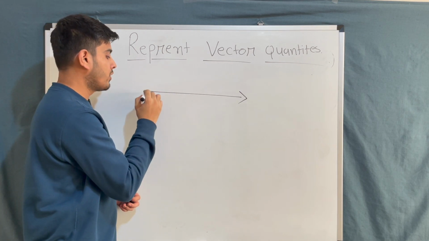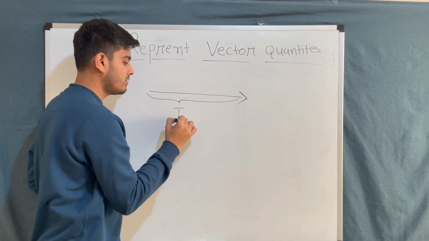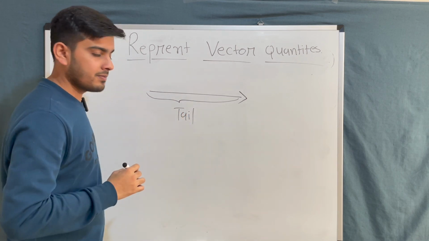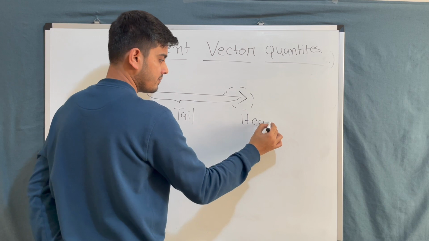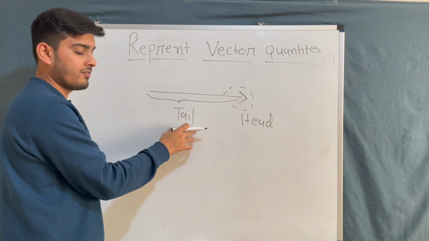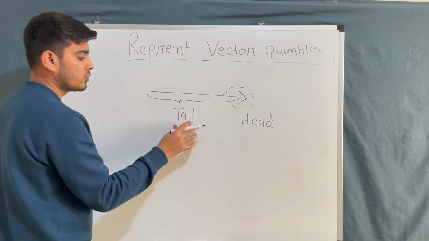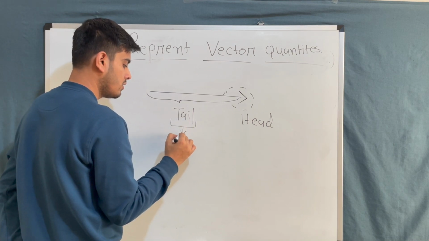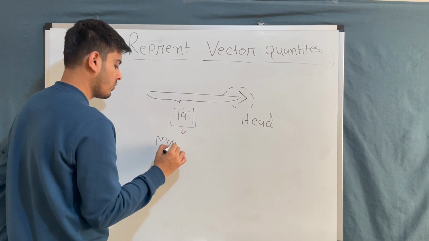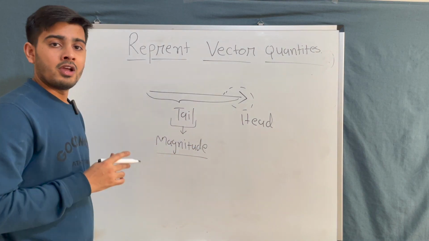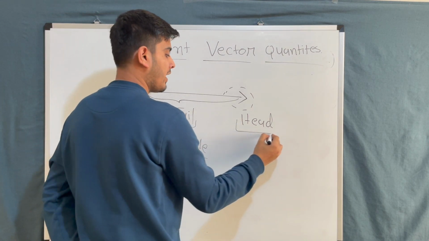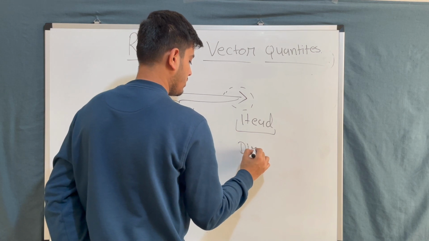This part of the arrow we call the tail, and this part is the head. Now what is the significance of tail and head? The tail part shows you the magnitude of any vector quantity, and the head part shows you the direction of any vector quantity.